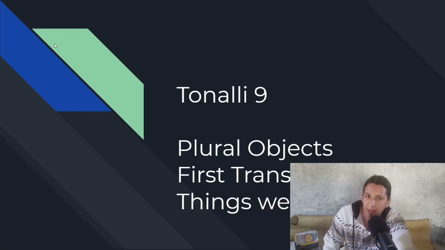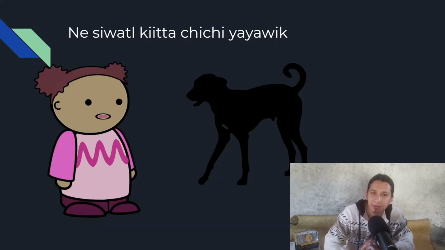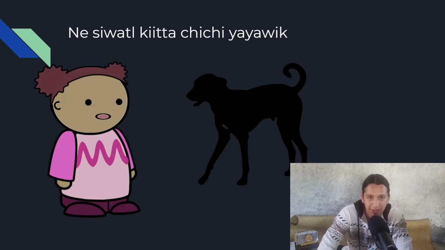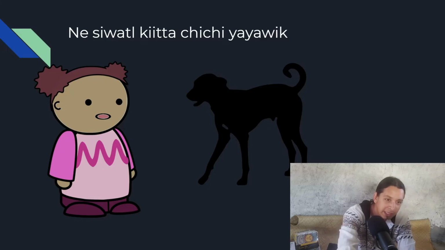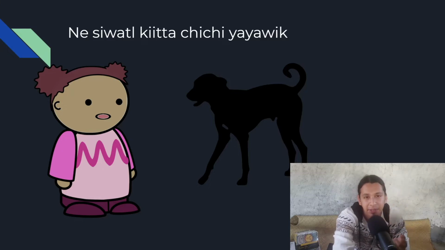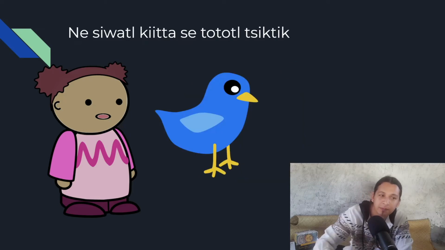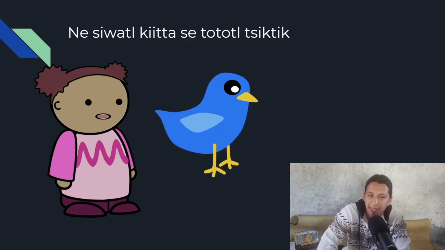Tonali chiknawi. We've learned how to say this type of sentence before. Nesiwatl ki'ita chichi yayawik. The girl sees the black dog. Here she's seeing one thing. Ita means to see, and ki means it. Nesiwatl ki'ita se tototl tiktik.